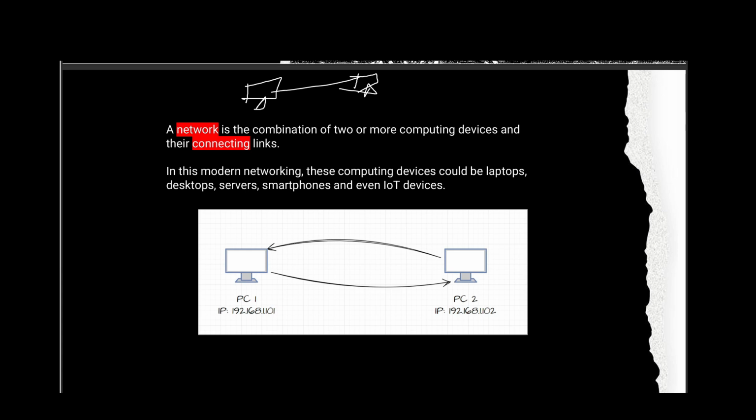A network could be as small as the one you're seeing right now, like these two images, one PC, second PC, and they're able to connect to each other. Most of the time we're only familiar with the IP addresses, but we're also going to discuss that further as we progress with this series.